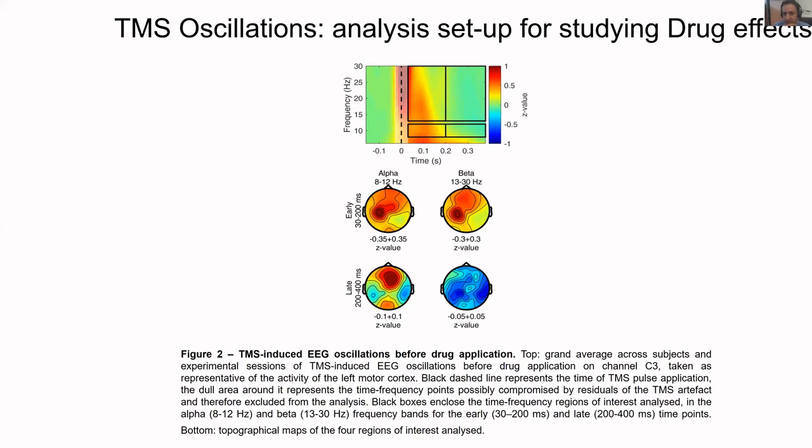In this case, for glutamatergic drugs, we considered 4 windows in the time-frequency space, up to 400 milliseconds after the TMS pulse. Basically an early alpha and an early beta, and a late alpha and a late beta, with the topographies associated, which are shown here in this figure.